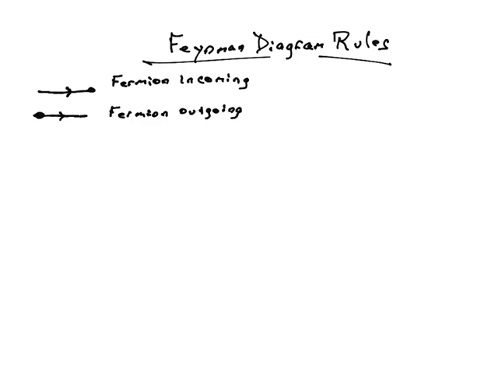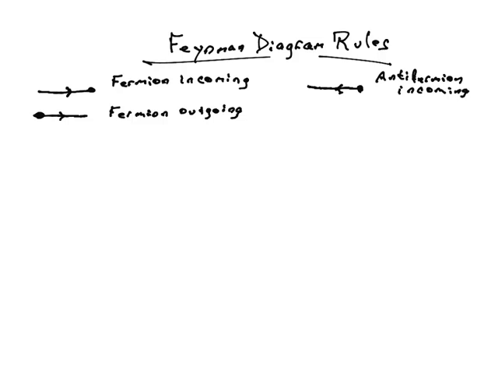However, we also know there exists antimatter, and so the rule is the opposite for anti-fermions. So for a positron or an antiproton or whatever, if you have an anti-fermion coming in, the arrow points away from the vertex. So this is anti-fermion incoming.